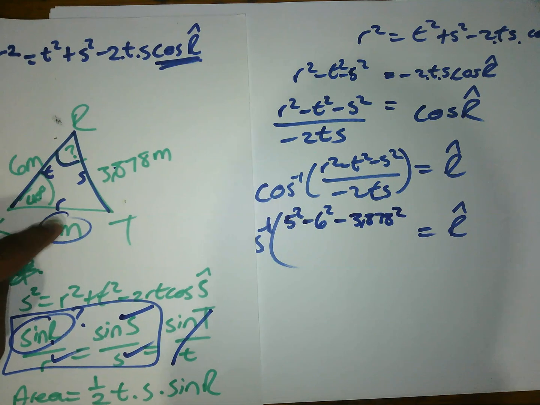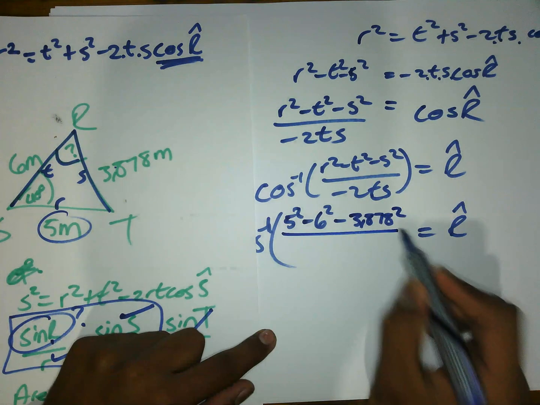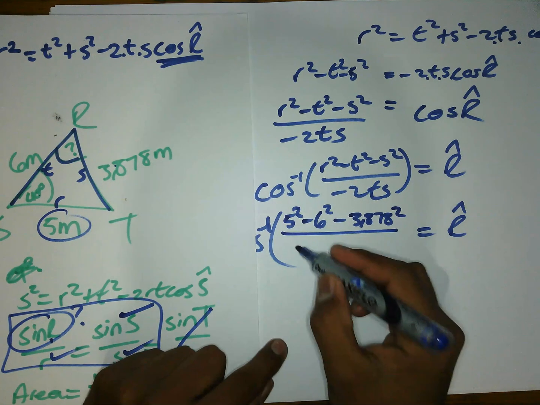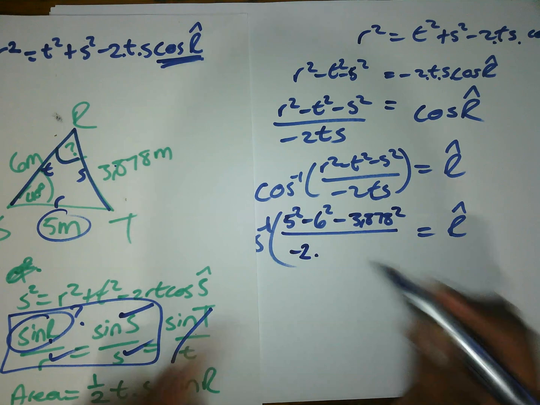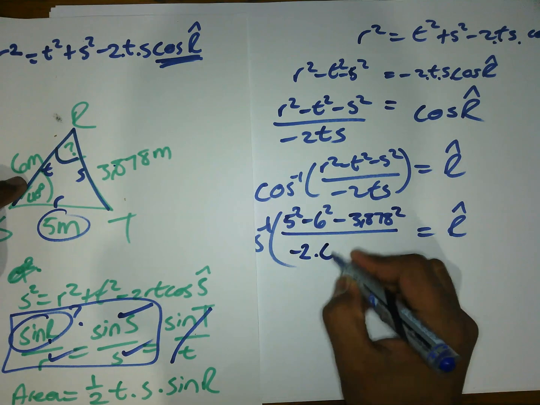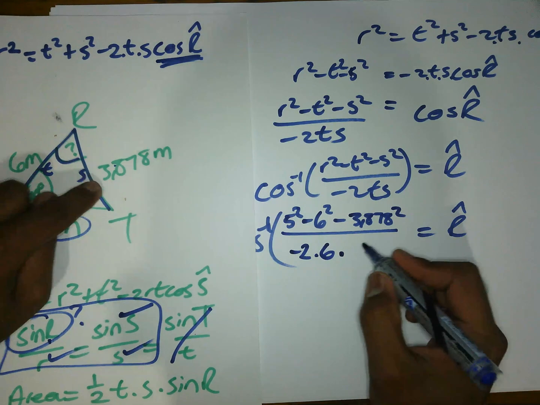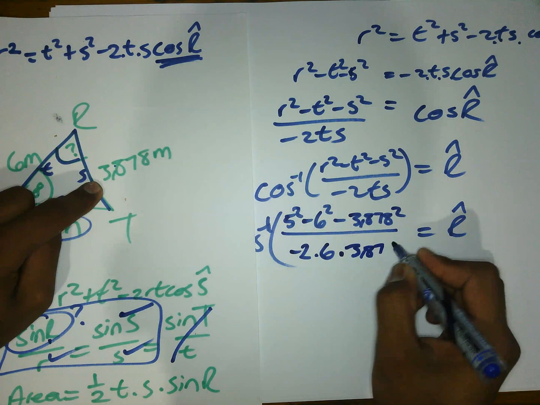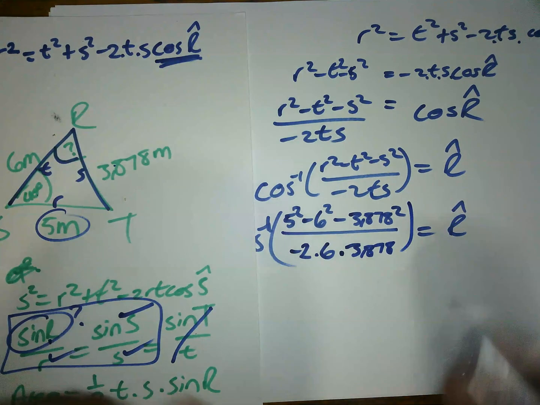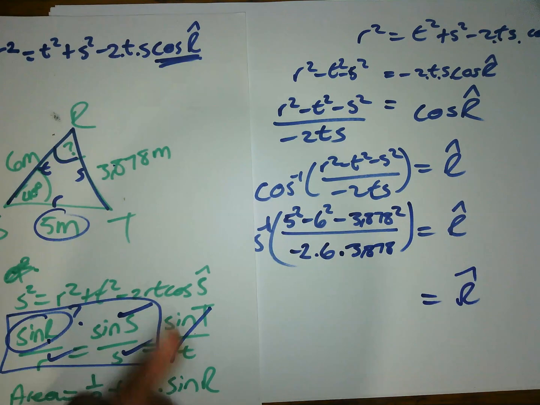Okay, it's like that. Minus 2 times small t, which is 6, times s, which is 3.878. And if I put it in a calculator, I hope to get the same answer.